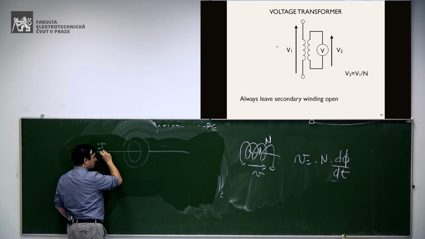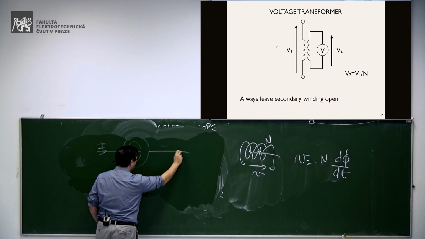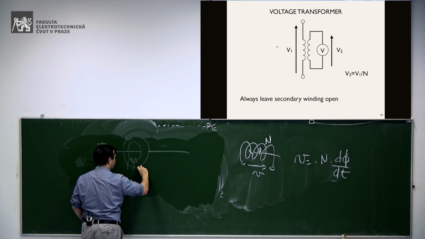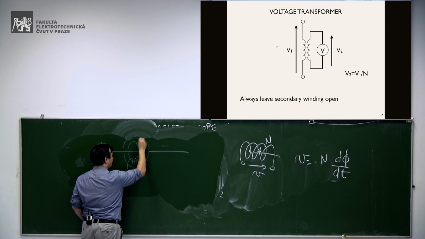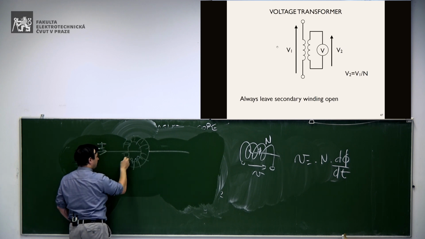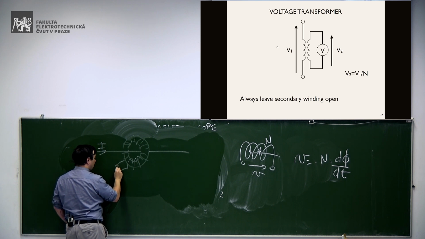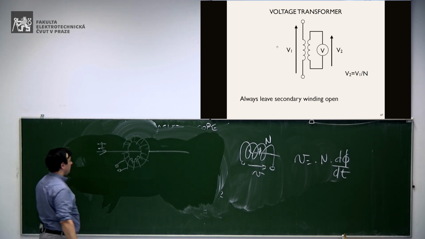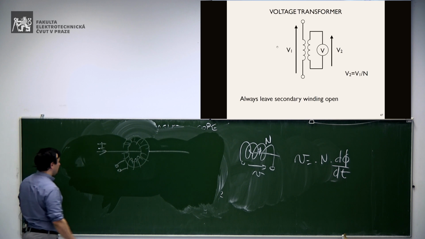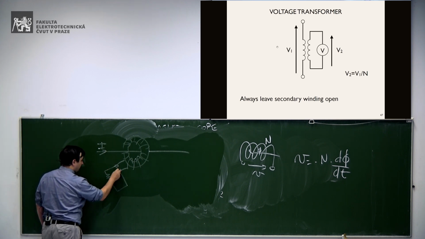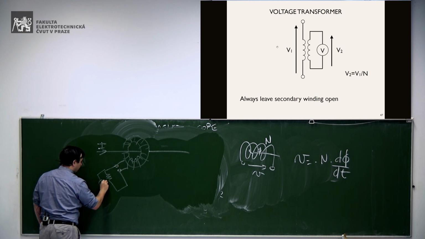The current flows through a wire which enters in the toroid, and then you have a lot of turns which become the secondary coil, okay? Then, in some cases, I don't know, you can put a resistor and measure the voltage here, okay? Fine.